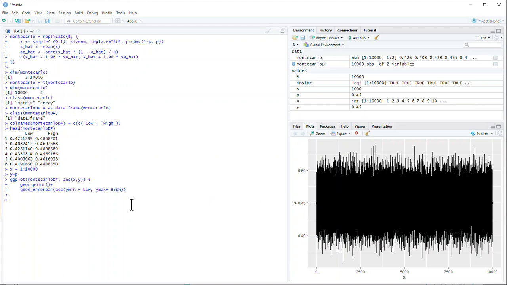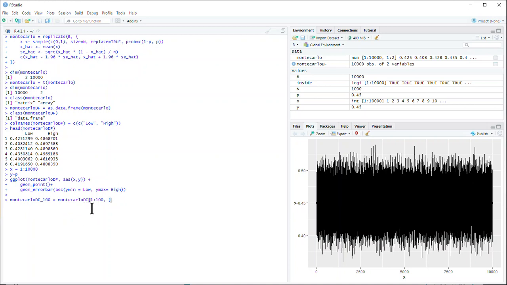Okay, so what do I do? Well, instead, I want to do just the first 100 of my plot. So I'm going to make a command that looks like this. I'm going to say the Monte Carlo data frame underscore 100 equals the Monte Carlo data frame, df.